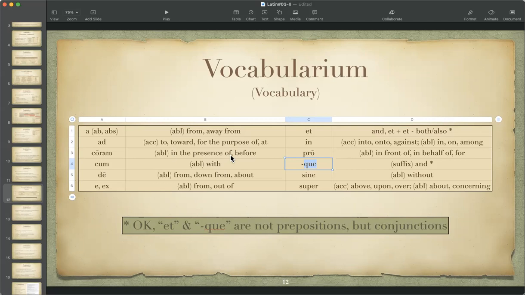A better translation is in the presence of. Now that's a little stilted, so we'll probably use before there, but understand that before is ambiguous. The before does not mean prior to, which is ante. Yes, exactly, that's a different preposition. Then cum, which takes the ablative, is with.